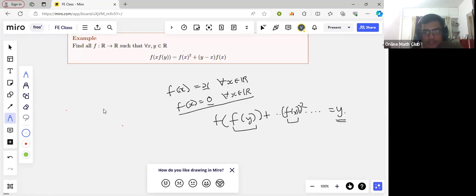Can you see why this must be true? If every occurrence of y occurs only in an f of y in this form, can someone say why it must be injective?